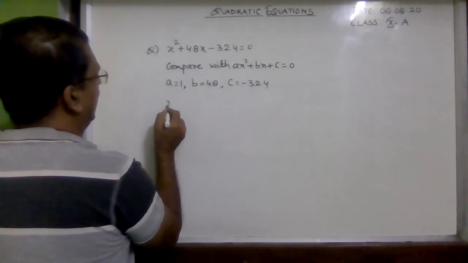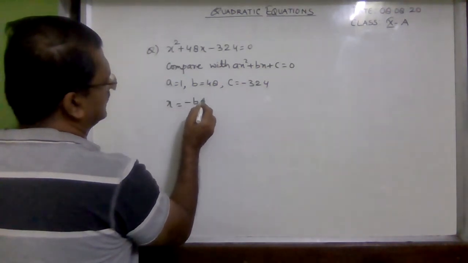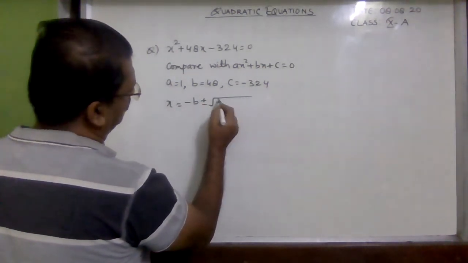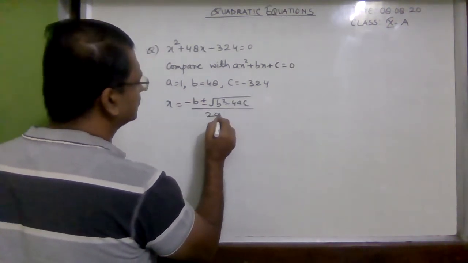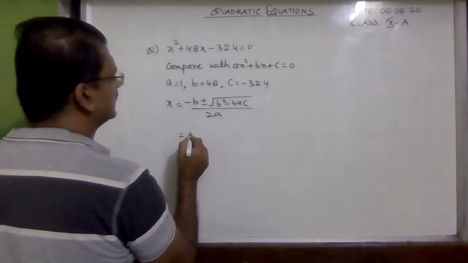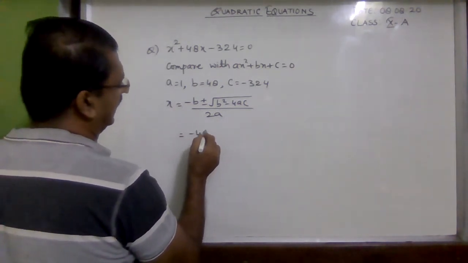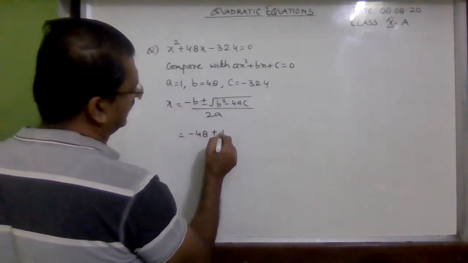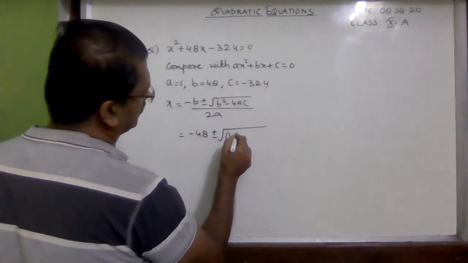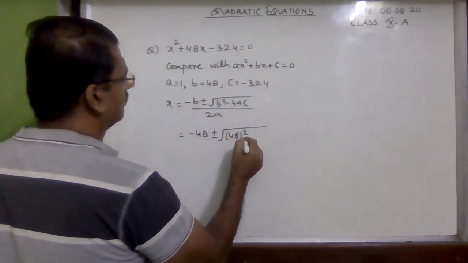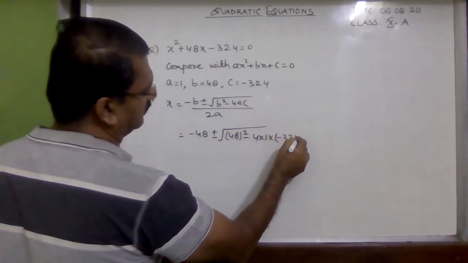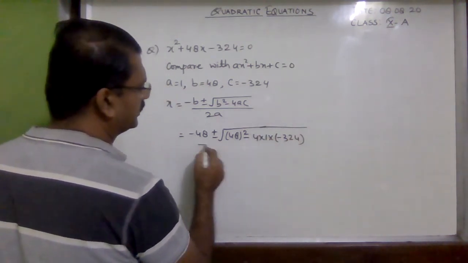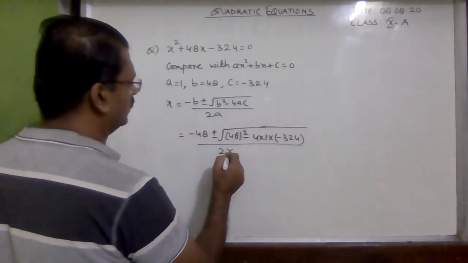Then x is equal to −b plus minus under root b² − 4ac upon 2a, that is −48 plus minus under root 48² − 4, a is 1, c is −324, upon 2a, that is 2 into 1.